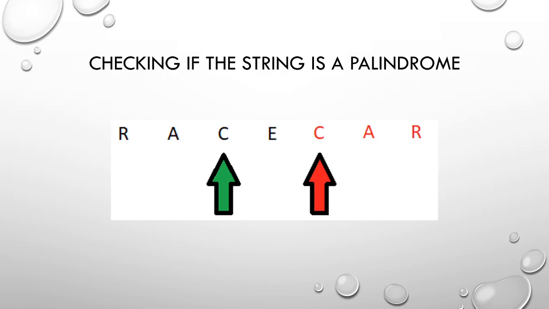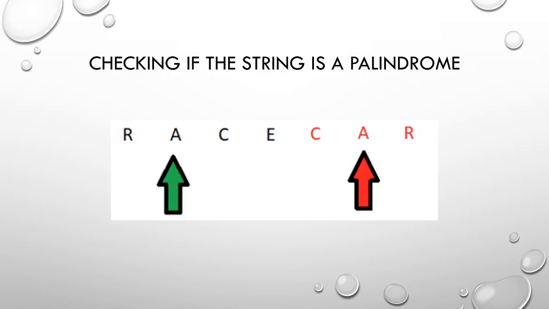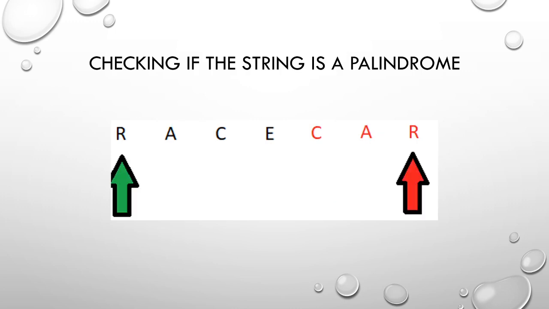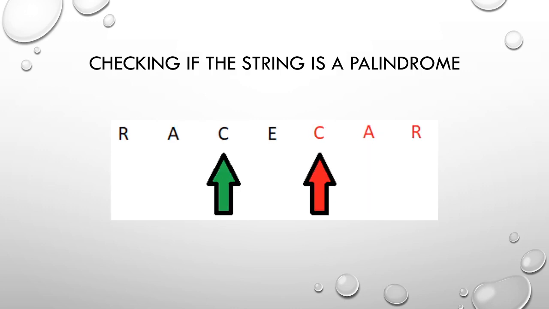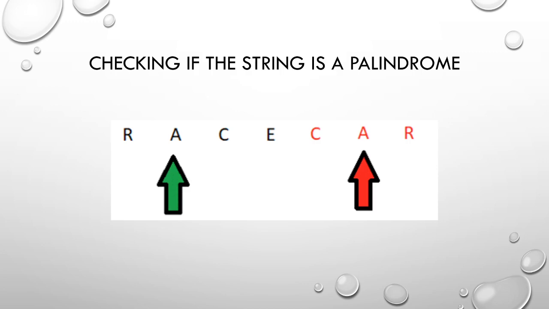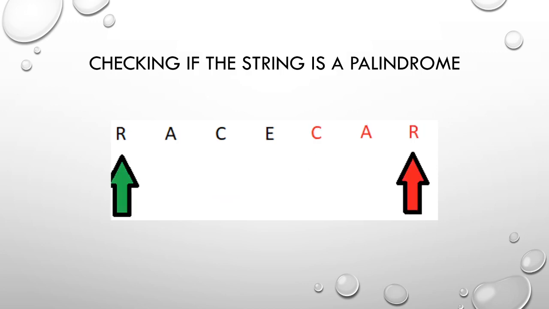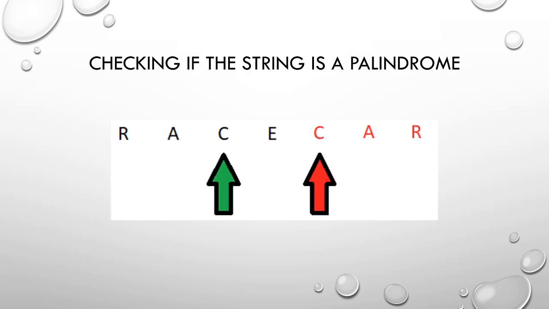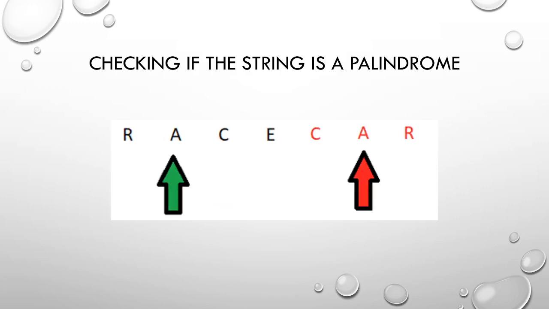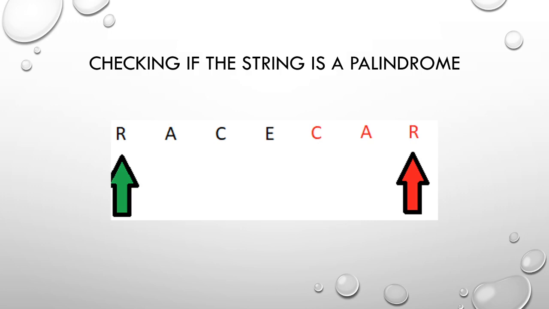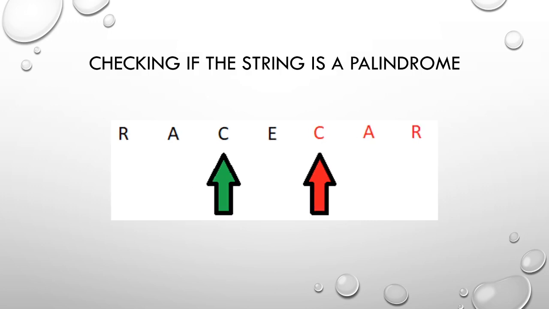We're going to have 2 pointers, one at the beginning, one at the end, and they're both going to slowly move inwards towards the center of the string, constantly comparing their respective values to each other. So it'll check are these both R's, are these both A's, are these both C's. It's going to do this till it gets to the middle, and if they're all equal, then that means the string is a palindrome. And if at any point these aren't equal to each other, then it will say it is not a palindrome.